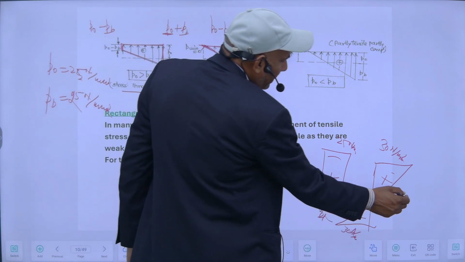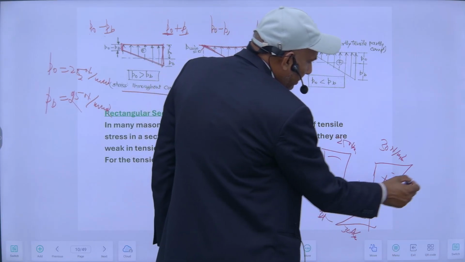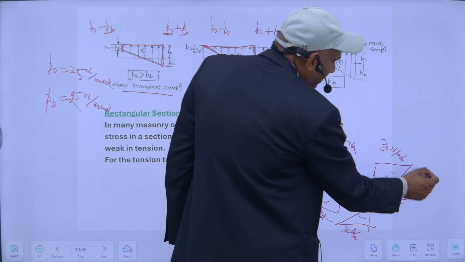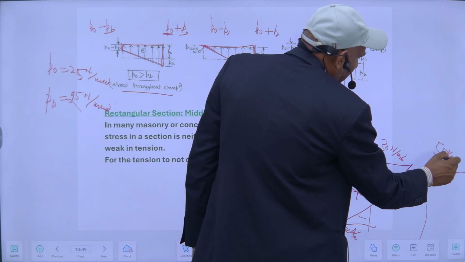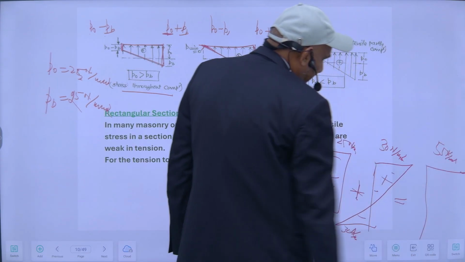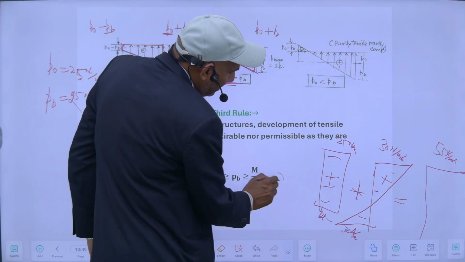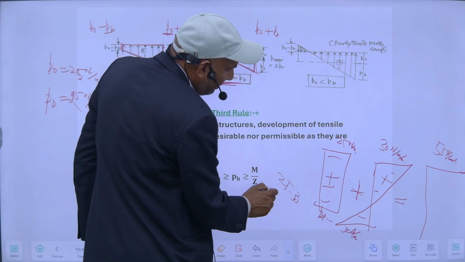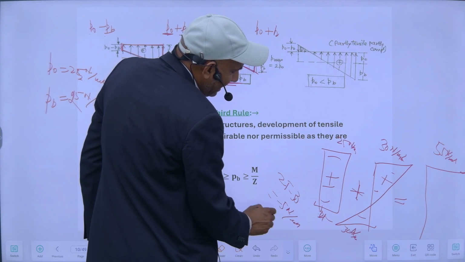So here, if I add together, it will be 25 plus 30, which is 55. So 55 Newton per mm square will be the stress here. But here it will be 25 minus 30, which is minus 5. Minus 5 means tensile.